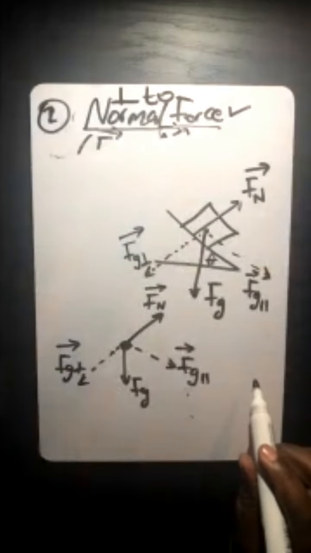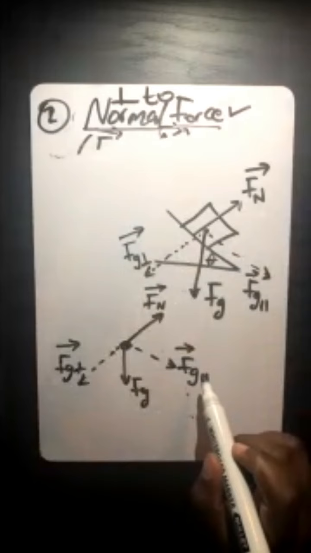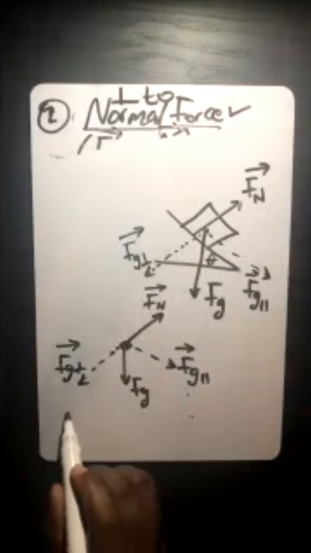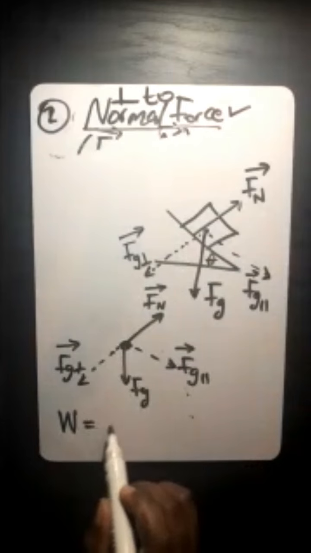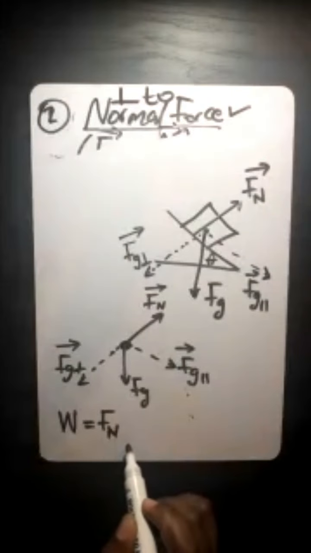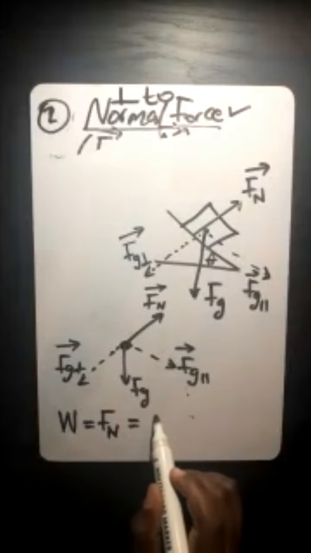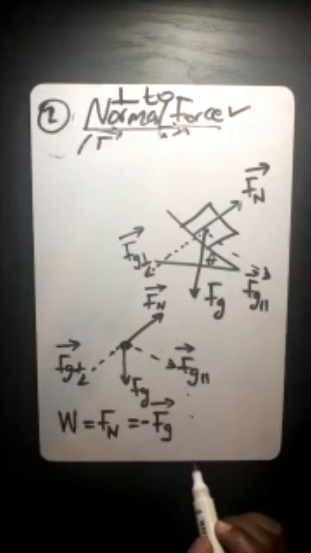So that is the reason why I'm saying, in this case where you've got an object on an incline, the weight, which is equal to the force normal, is equal to the force of gravity, but negative, which is a vector.